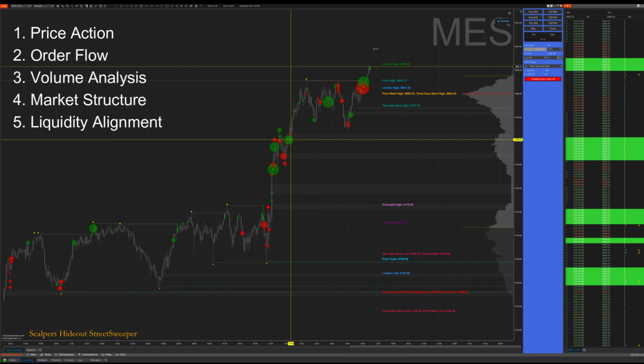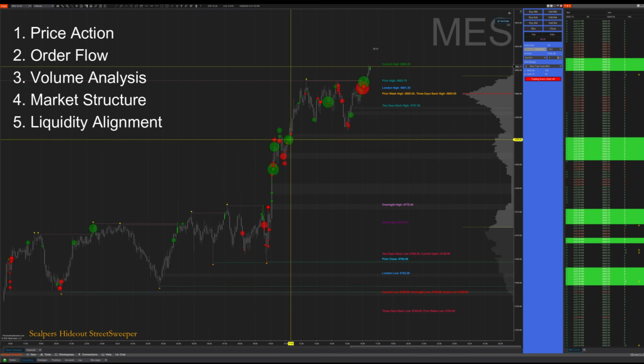The next thing you'll see on your screen here are imbalance zones that we have drawn out. And what are imbalance zones? They're known as fair value gaps. If you really look into what they are, many times they are holes in the volume profile, but they are spaces where price has moved through very quickly.